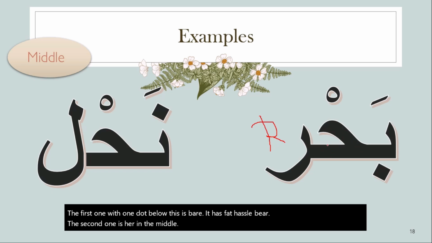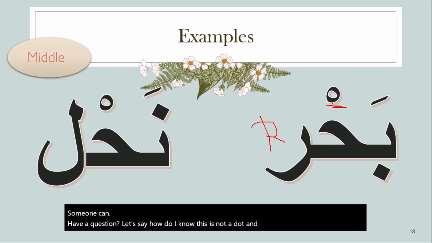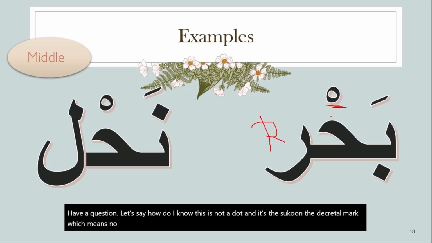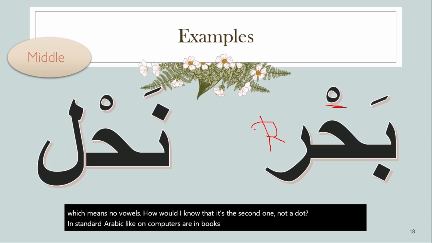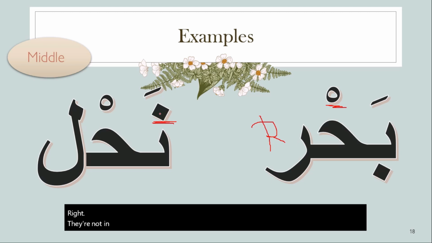Someone can have a question, let's say, how do I know this is not a dot and it's the sukun, the diacritical mark which means no vowels? Well, in standard Arabic, like on computers, in books, and so on, we write the dot diamond shaped.